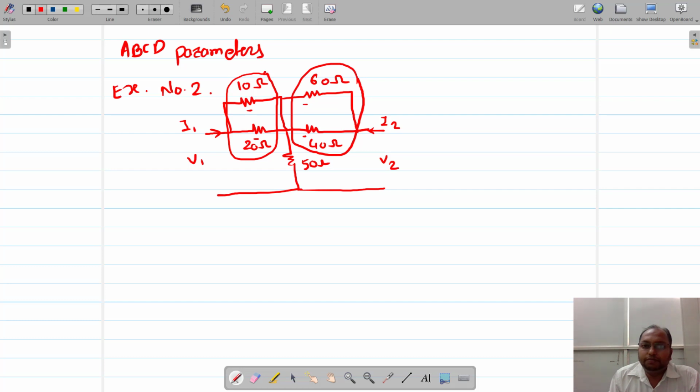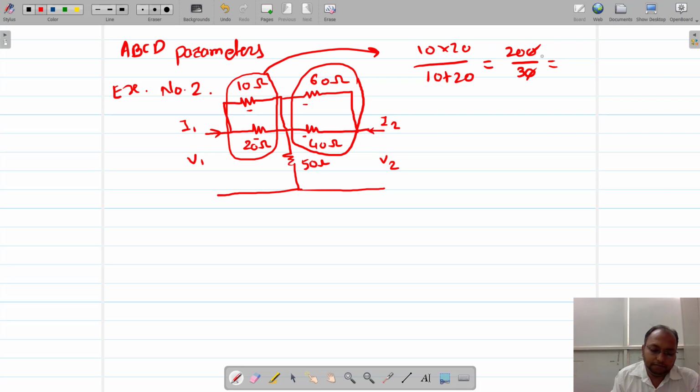So let us find out this one. 10 into 20 divided by 10 plus 20, right? So it is nothing but 200 divided by 30. Let us calculate it. 20 by 30, it is coming as 6.66. Is that fine?